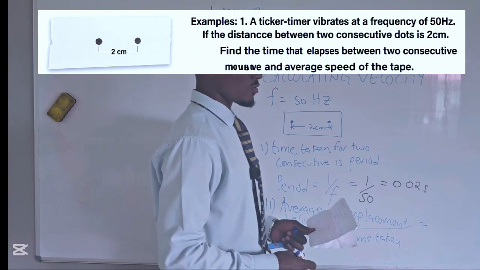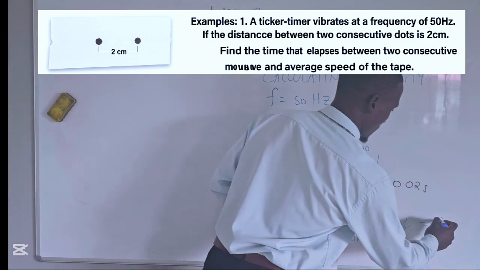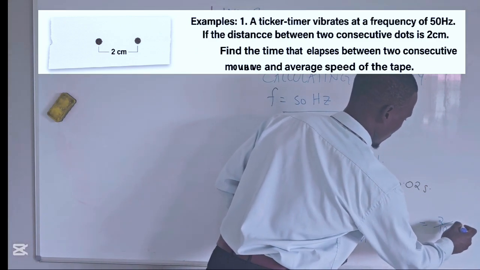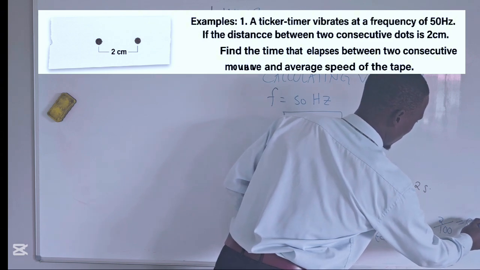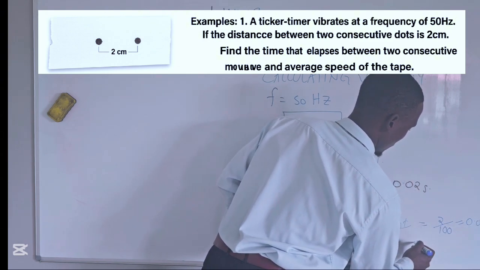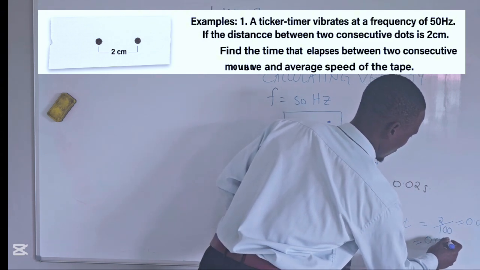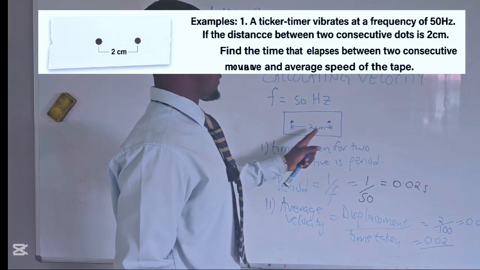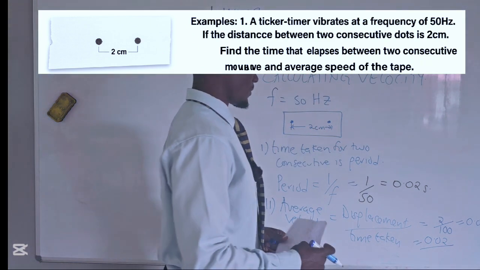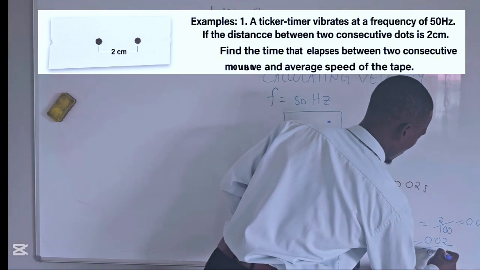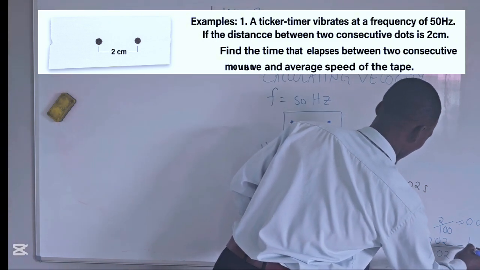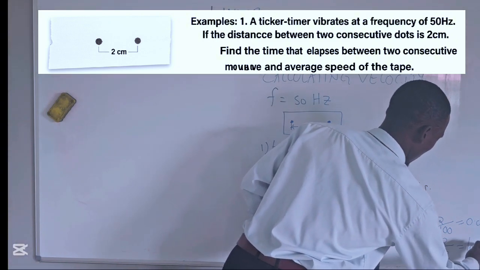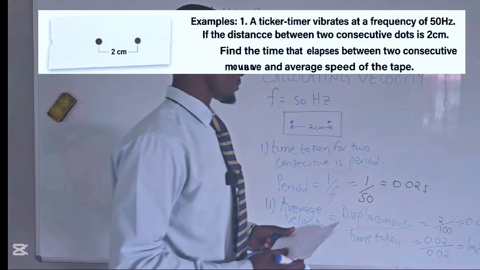So we have to first convert it into meters. That is 2 over 100 gives us 0.02 meters. So this will be 0.02 meters over the time for the two consecutive dots, 0.02, and this gives us 1 meter per second.